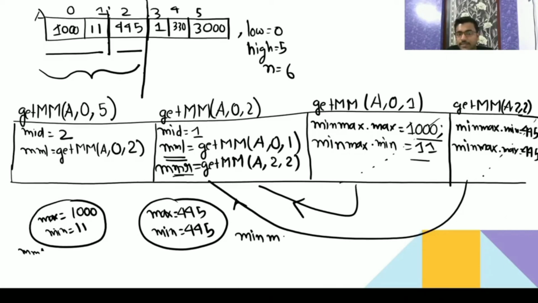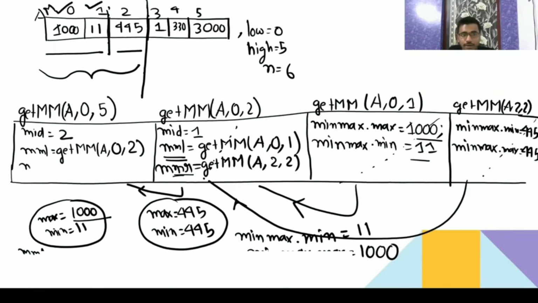After that, min is going to be 11, and max is going to be this one. After this it is going to return here. So you have done get min max a[0..2]. In this first half you found the minimum and maximum: minimum is 11, and maximum is this.